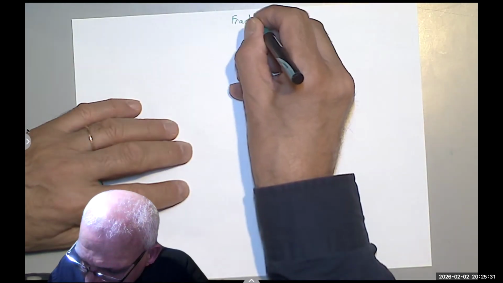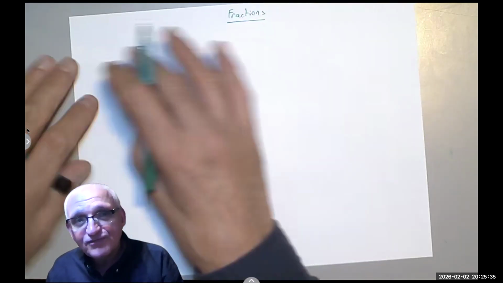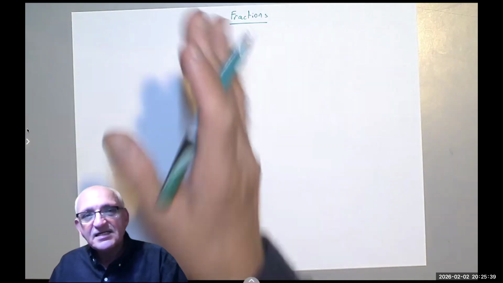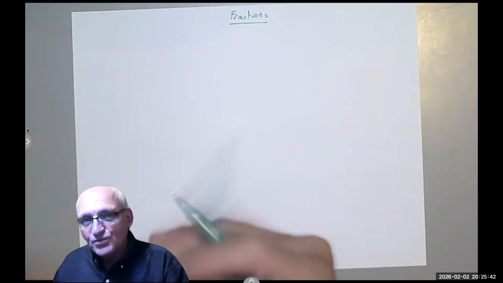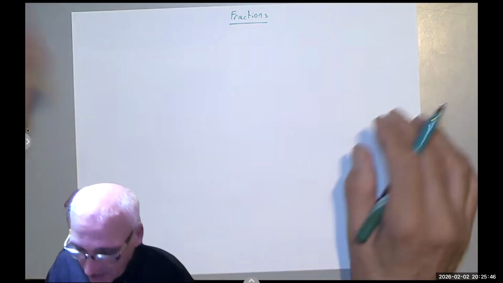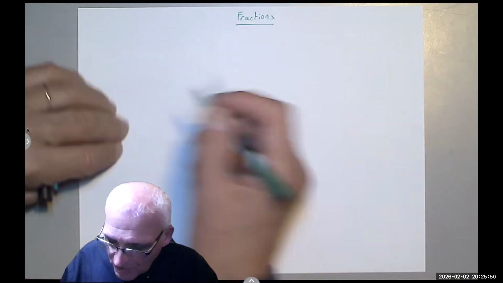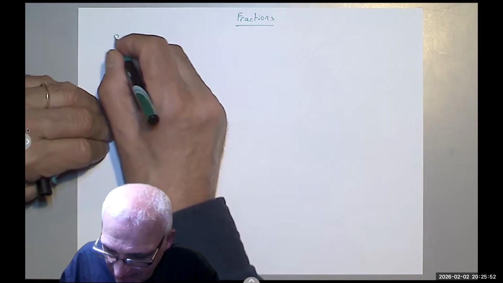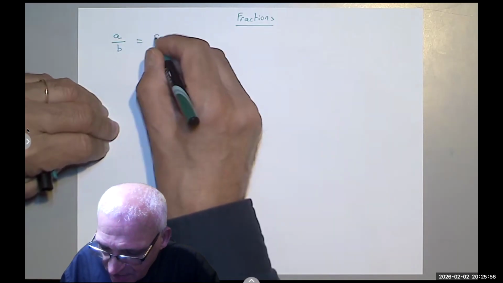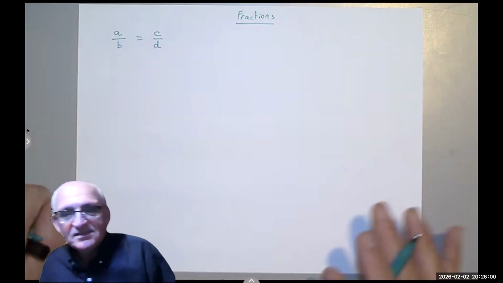So let me write, in the beginning, two fractions that are equal using symbols like letters. And then I will show you what we do if we have equality, for example, of fractions with numbers. If I say A over B equals C over D, what can I make with that?